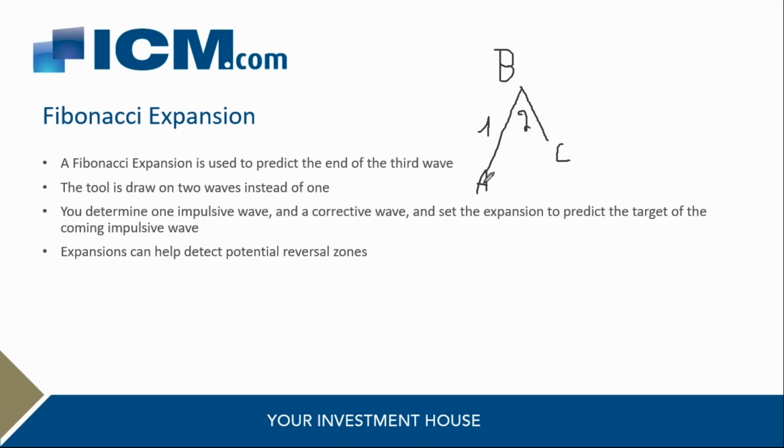Then I draw the expansion from points A, B, and C, and I have a projection of where point D, or the third wave, could end. By using the first and second wavelength, I can predict where the third wave could end. So if you trade harmonic patterns or similar A, B, C, D patterns, you can guess the potential reversal zone by relying on expansions or the Fibonacci extension. So this is the Fibonacci expansion.